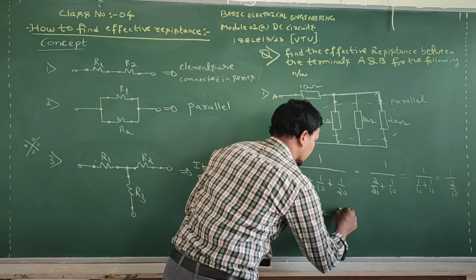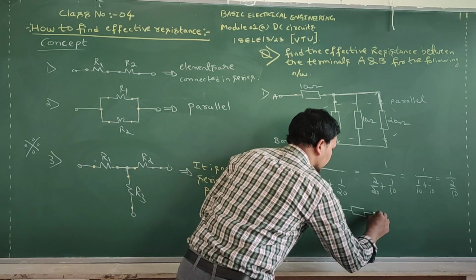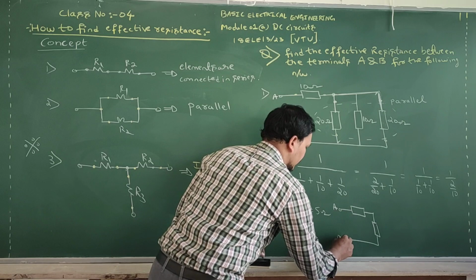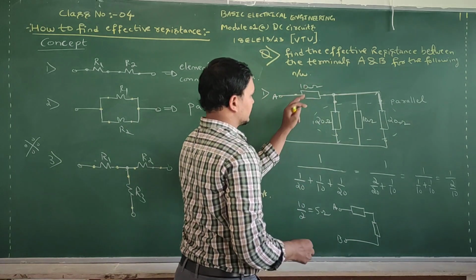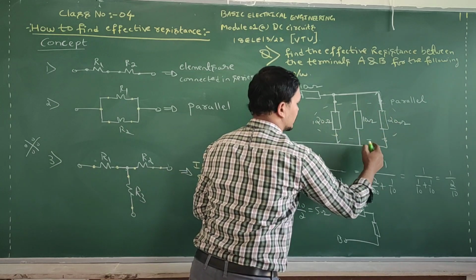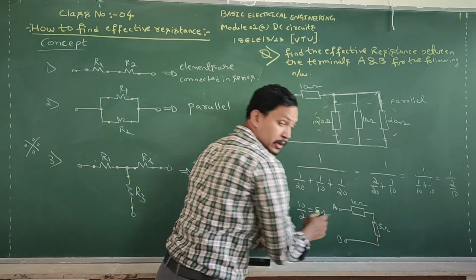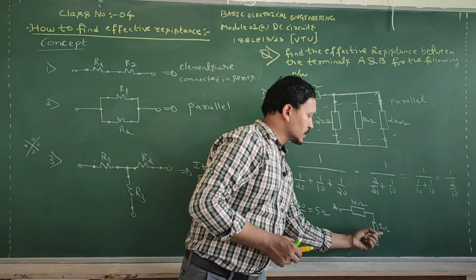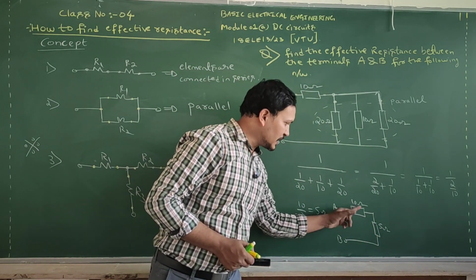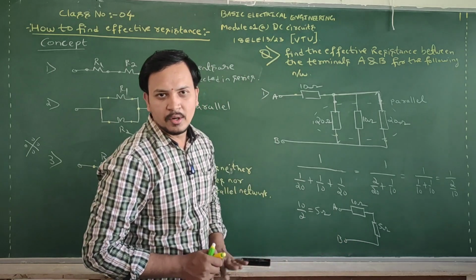After that you can redraw the network. Between terminals A and B, this resistance value is 10 ohm. What is the final answer of this combination? 5 ohms. Now, is there any disturbance for end-to-end connection? No disturbance.